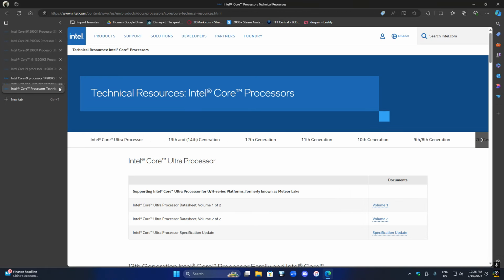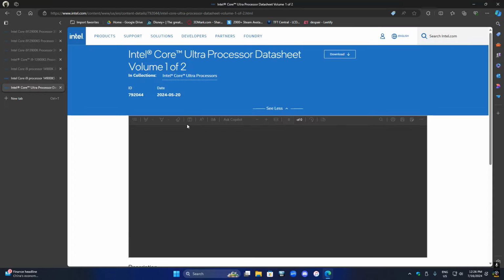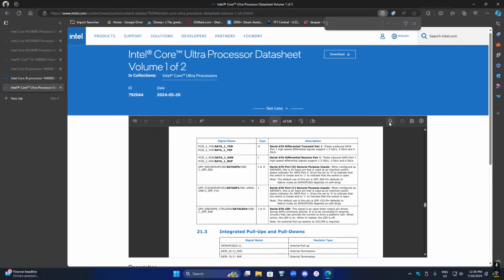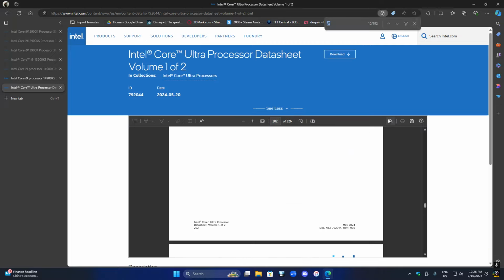So, if I show you, does the Core Ultra page work? Volume 1? Yes, it does. Let's type in watts, W for watts. Okay, that's going to be way too many. Let's try and find electrical.